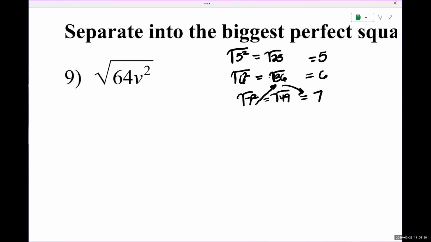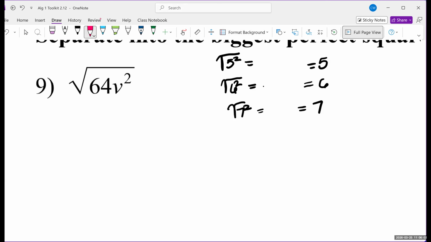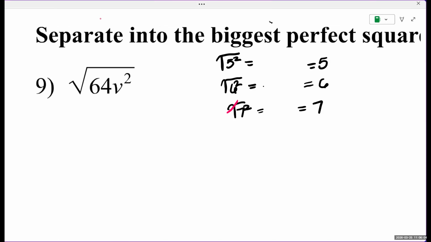It undoes the operation. Okay, so what if I get rid of these? Notice that square root cancels squared and the 7 comes out. Square root cancels squared, the 6 comes out. Square root cancels squared, the 5 comes out.